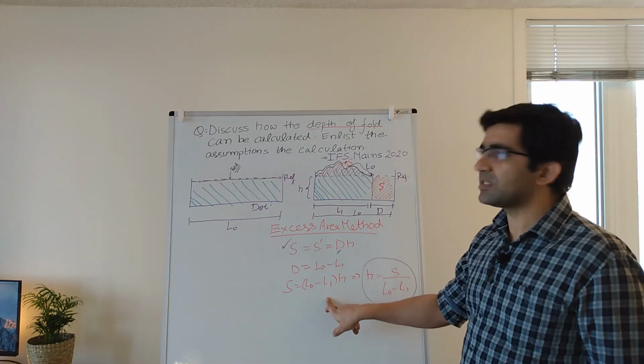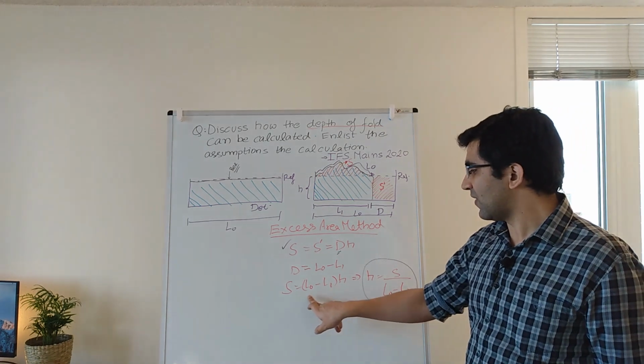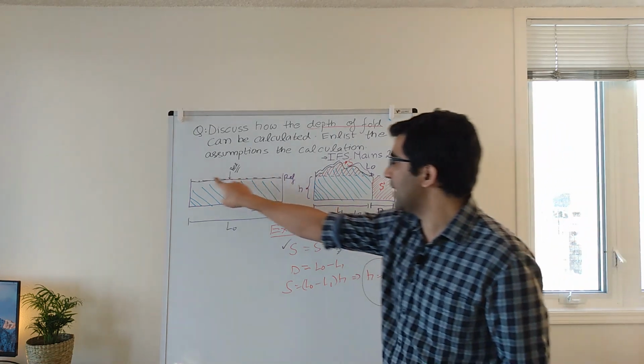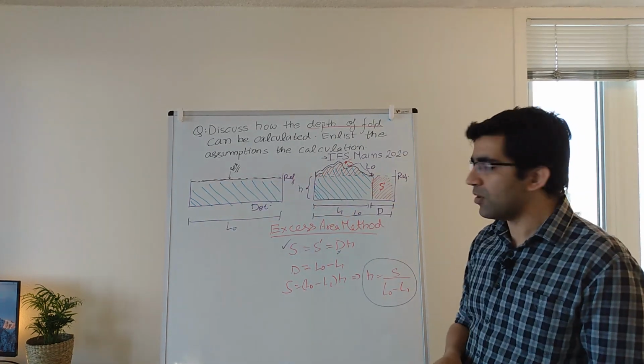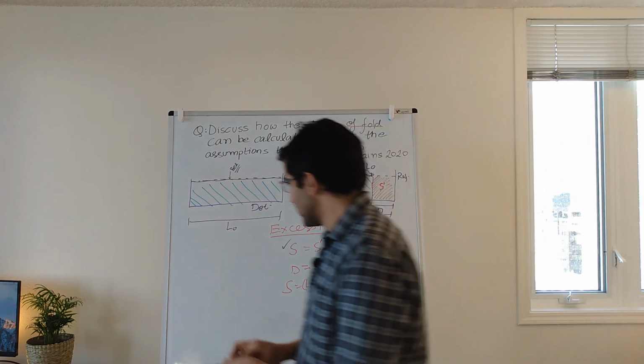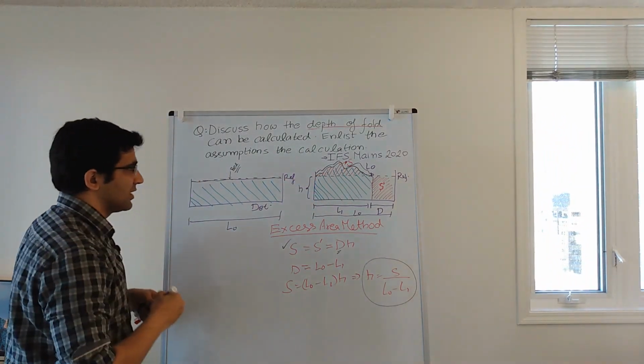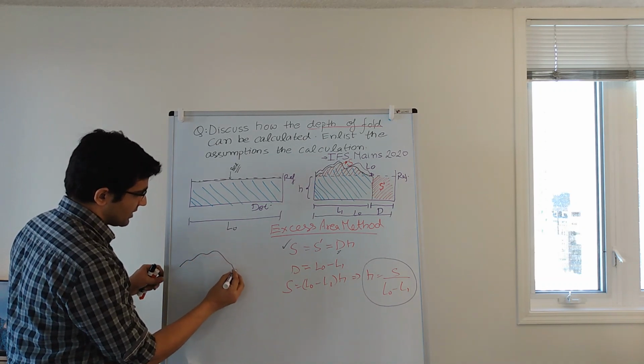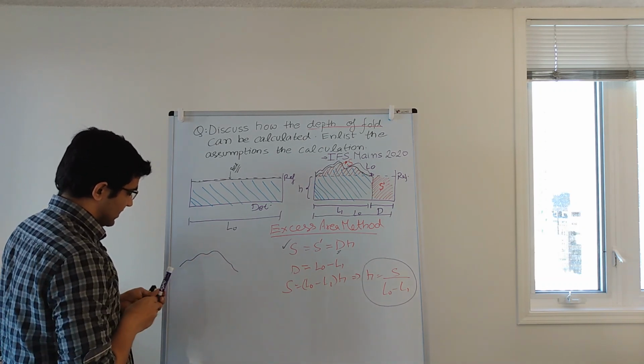So what you can do is, instead of calculating this area for just one bed, you can calculate excess area for multiple beds. In this figure, for example, you can calculate this area for, let's say this is one of the beds, it has an excess area.